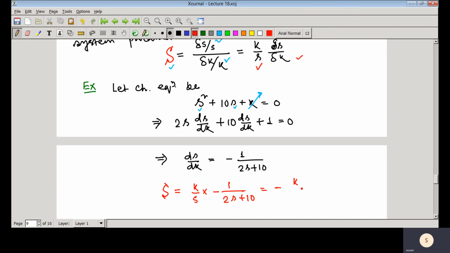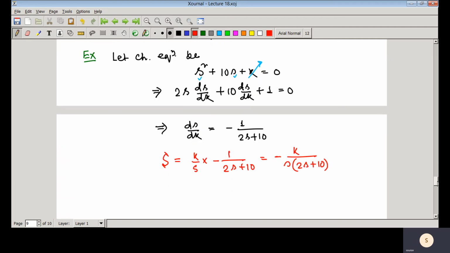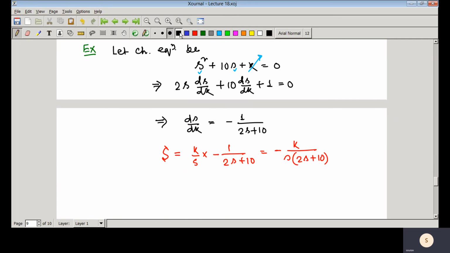So you would have minus K by S into 2s plus 10. So that is the root sensitivity, and this is actually a complex quantity.